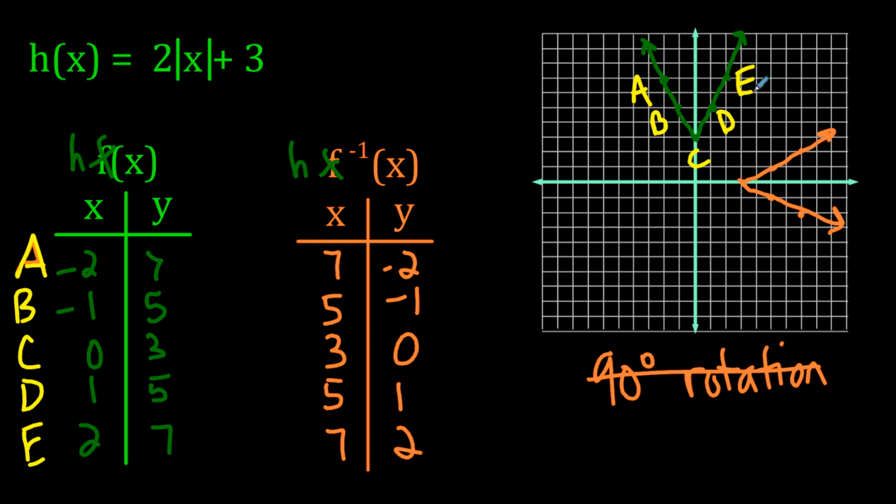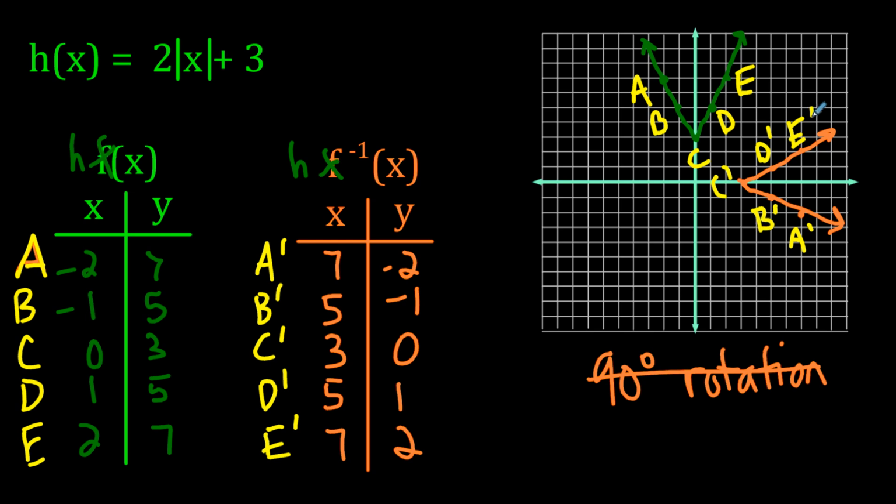And then we'll call the other points on the inverse the same, but with primes: A prime, B prime, C prime, D prime, and E prime. Okay, so let's label those. We got 7, negative 2. That's right here. This is A prime. B prime is right next to that. C prime is the vertex. D prime and E prime.